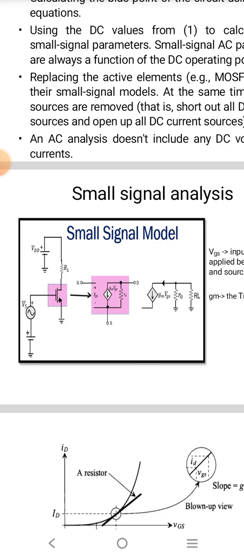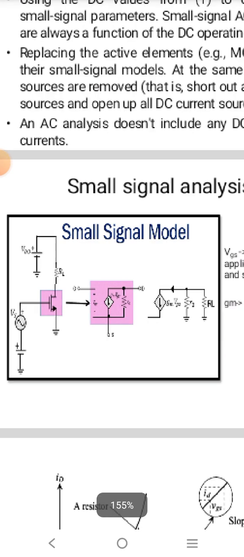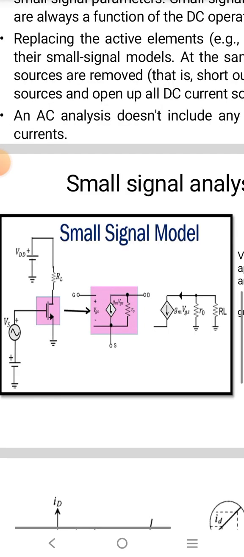While the small signal analysis considers the MOSFET small signal model, you can observe here, first of all, that gate and source are unconnected. In between those, plus and minus VGS voltage is shown. What does it mean?